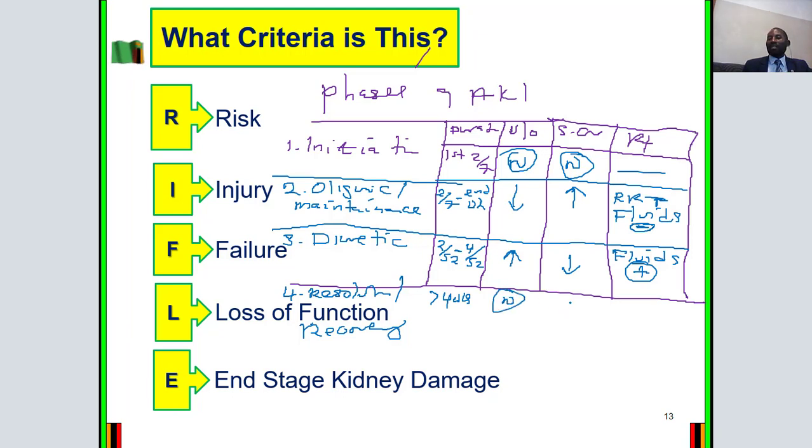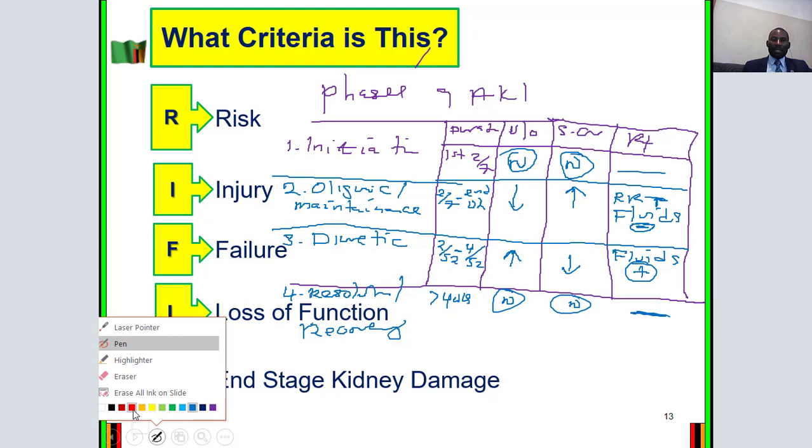Check the serum creatinine, it is normal, and there is no need of treatment. So those are the phases. You have to remember that there are phases of acute kidney injury: initiation, oliguric, maintenance, diuretic, and resolution. So that's what we need to remember.